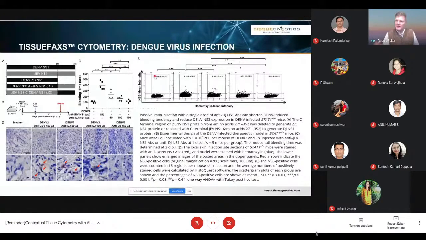You see here 0.06, 1.39, 0.55% of all cells are positive for this dengue virus. So it's a very detailed and in-depth analysis, which is on the single cell level, in situ, and quantitative.